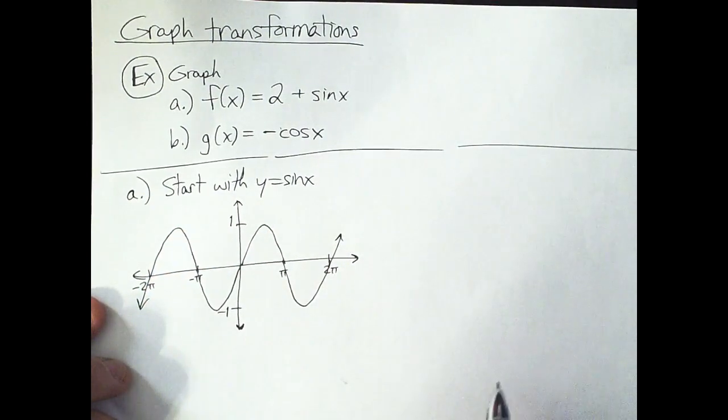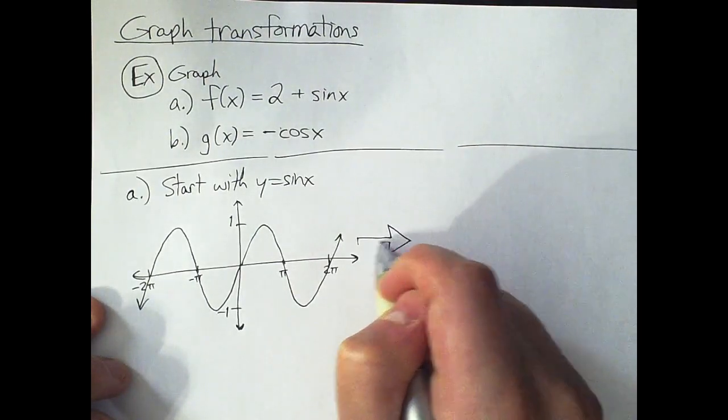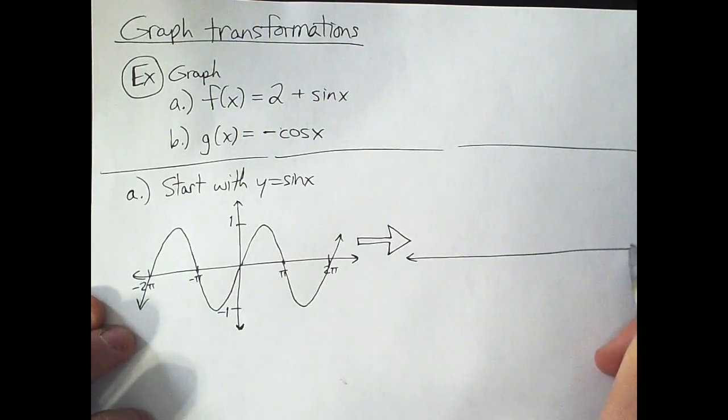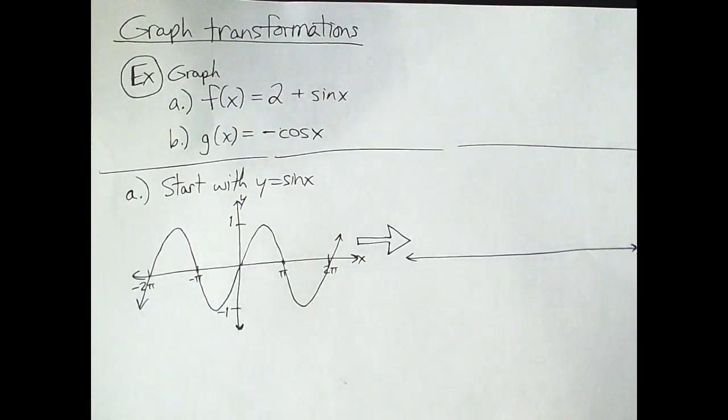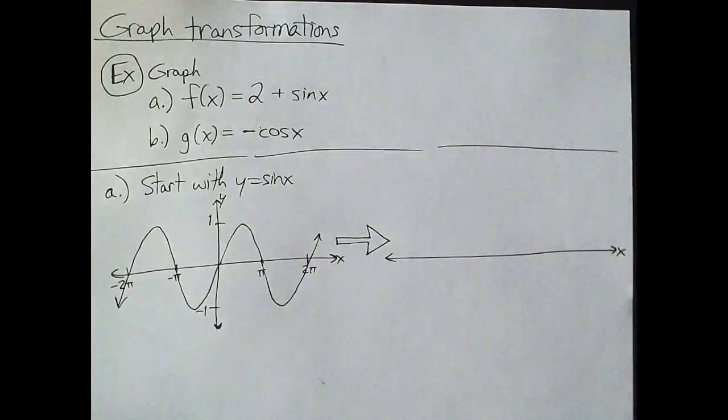All right, now let's try to do a graph transformation to this. Oh, and I'll label the x-axis and y-axis, x and y. So what transformation do you think we're doing by having that 2 there?